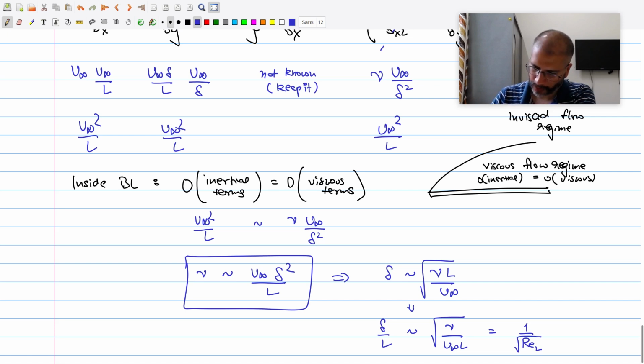Right. So what have we found out from this idea of the order of magnitude analysis? We have shown that the boundary layer thickness delta divided by the length of the plate goes as 1 by square root Reynolds number based on the length, and that's very interesting.